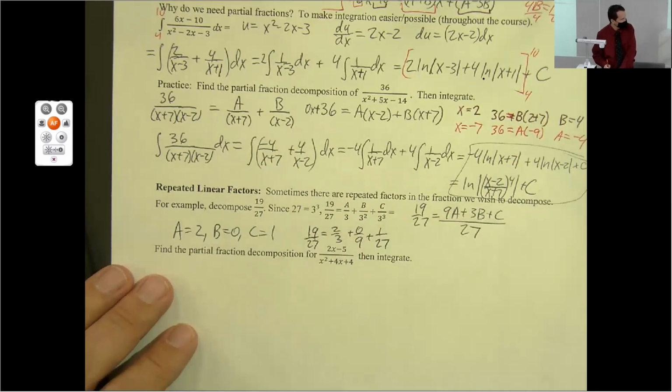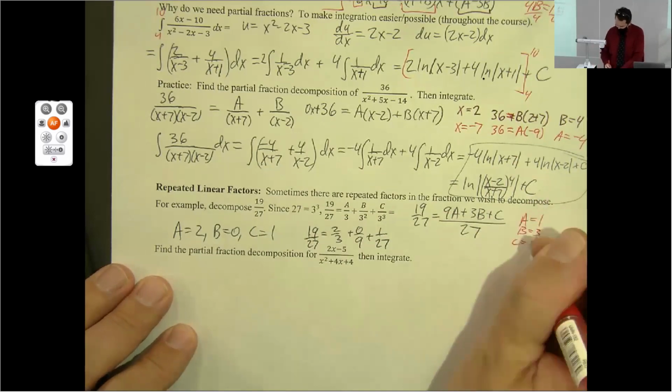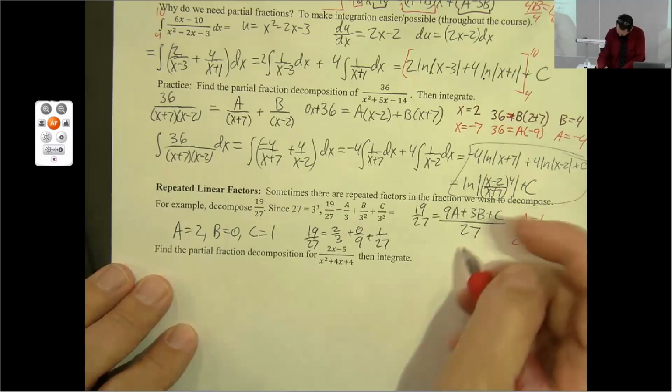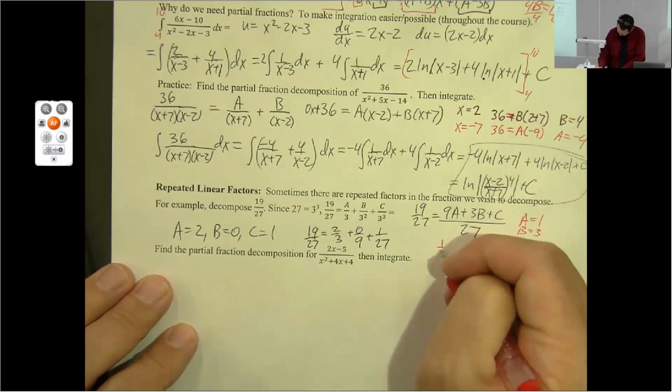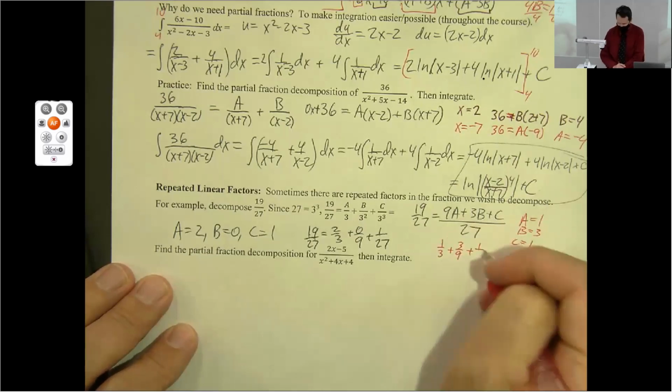Wait, could we have done it differently? He's asking, what if a is 1, b is 3, and c is 1? Okay, let's see what happens there. I like that. So we've got 1/3 plus 3/9 plus 1/27.